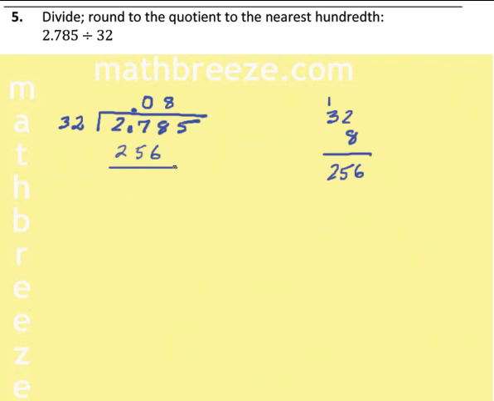Okay, subtract, and we have 22. Bring down the 5. And now we'll try 7 times. 7 times 3 is 21, and 1 is 22.